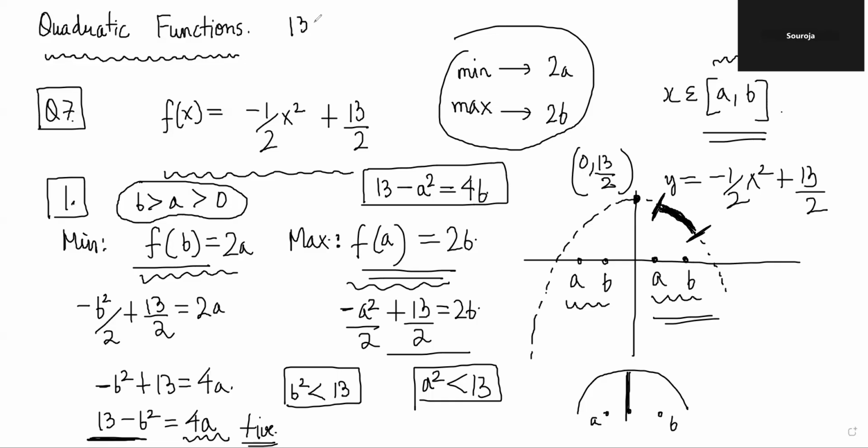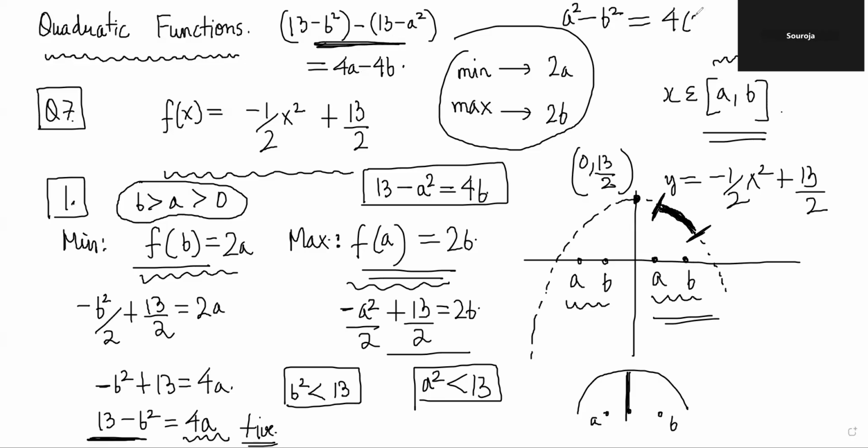So what I'll do is 13 minus b square minus 13 minus a square is equal to 4a minus 4b, right? Which gives a square minus b square coming here, right? And this side is 4 times a minus b, correct? Since a minus b is not equal to 0, we can divide by a minus b, and you get a plus b is equal to 4.